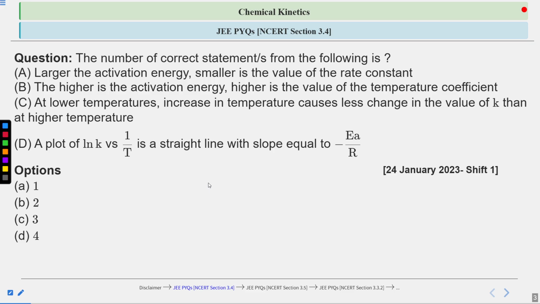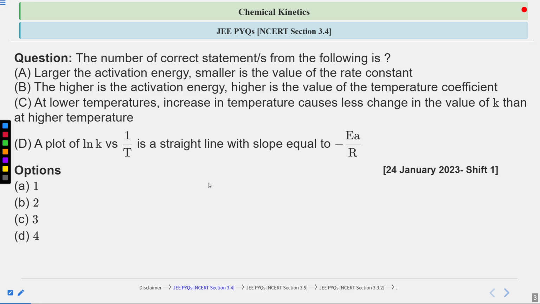Okay, so statement D is a plot, that is a graph of ln k, that is ln of rate constant, versus 1 by T, is a straight line with the slope equal to minus Ea by R. So the fourth statement is telling us about a graph, that if you draw a graph between ln k versus 1 by T, it is going to be a straight line and the slope of the line is going to be equal to minus Ea by R. So the question was that you have to identify the number of correct statements from these A, B, C and D statements.